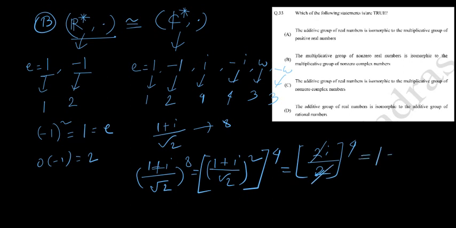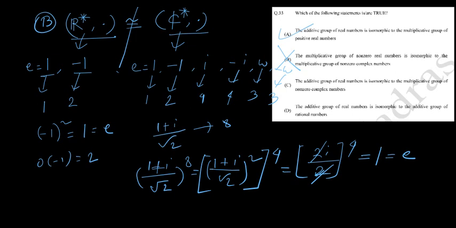This is the identity. So in C star under dot, there are infinitely many finite order elements, and in R star there are only two, so these two groups are never isomorphic. So option B is incorrect. Option A is correct, B is incorrect.